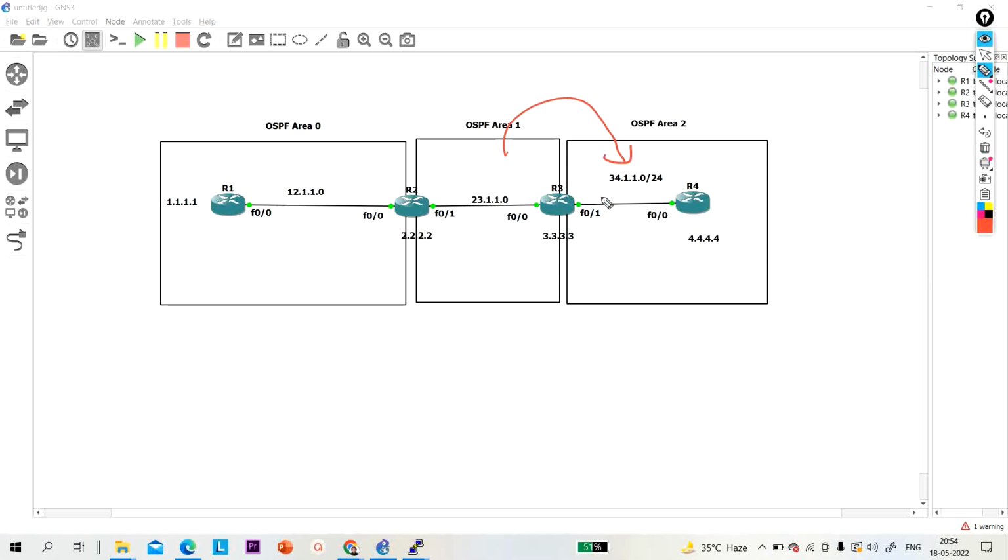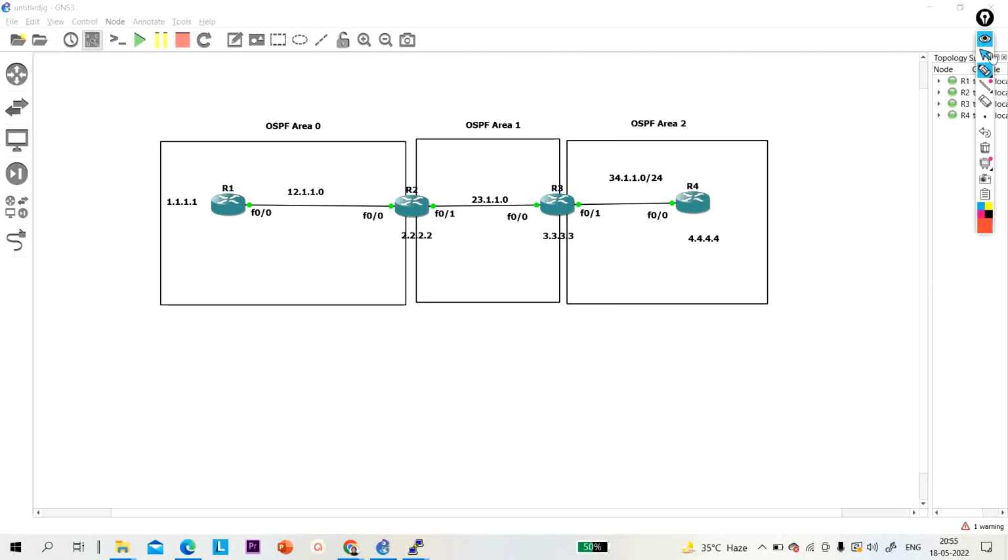Every area has to be connected to the backbone area. That is the reason you have to make this router an ABR. Only the ABR will share prefixes of one area in another area, right? So there is no ABR now.